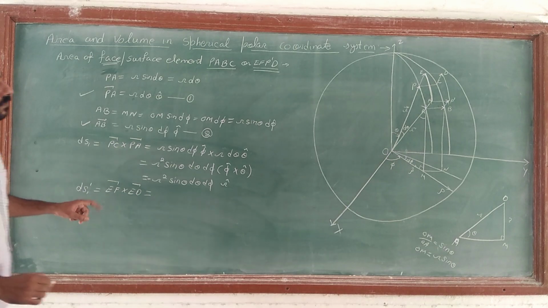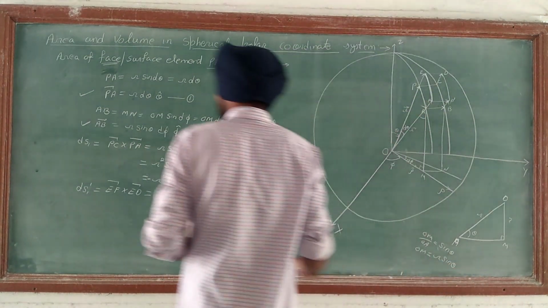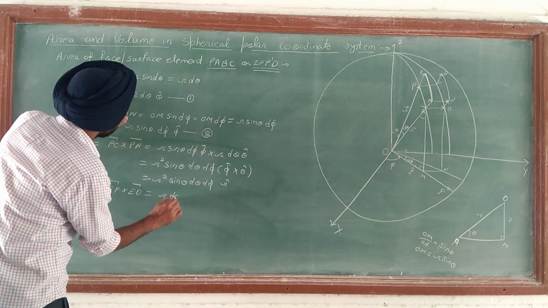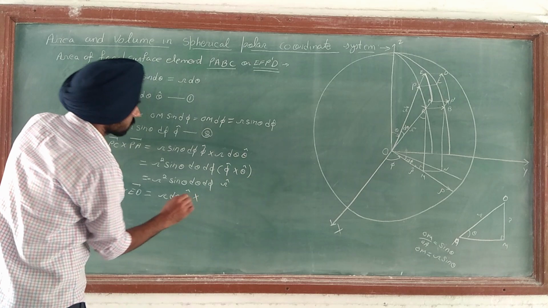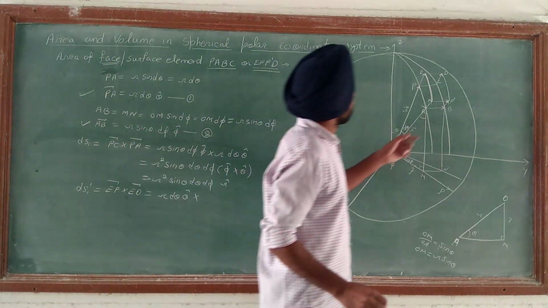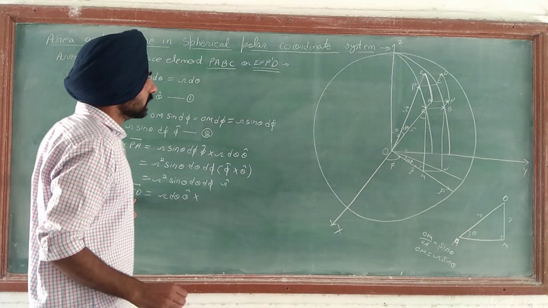This EF is PA, so this is R dθ θ cap cross ED.